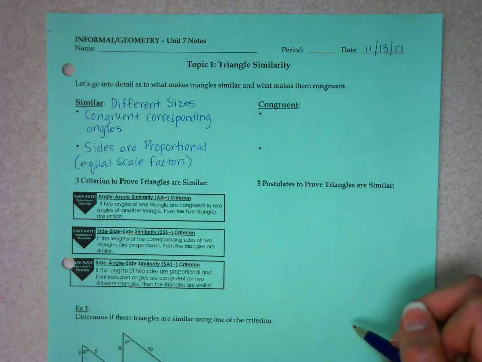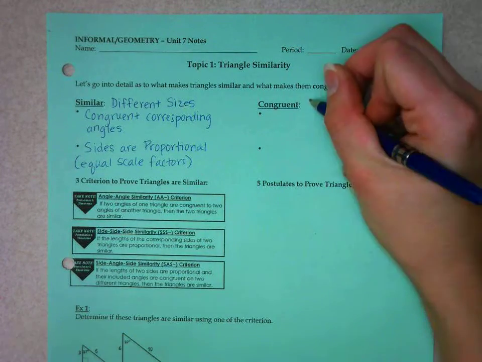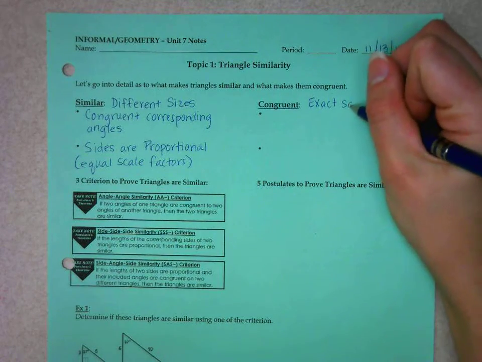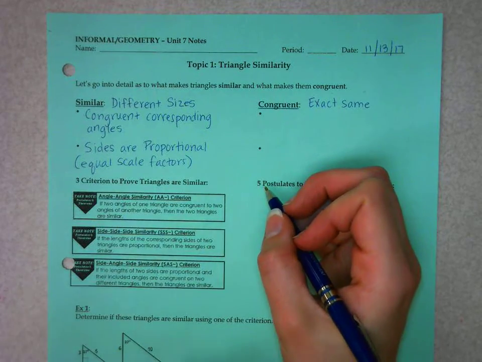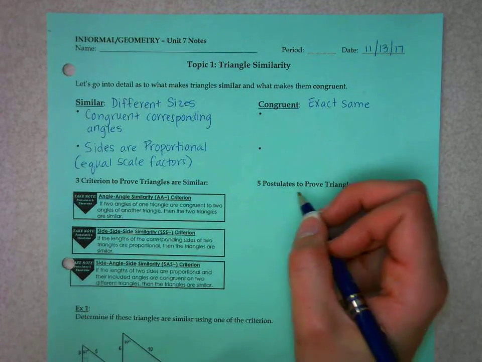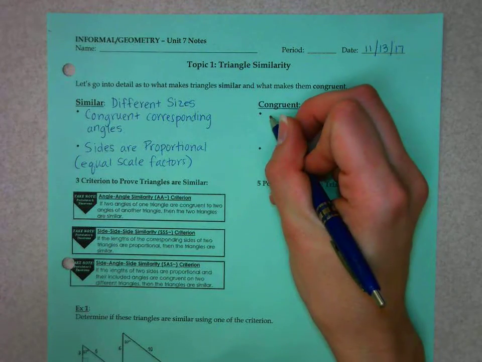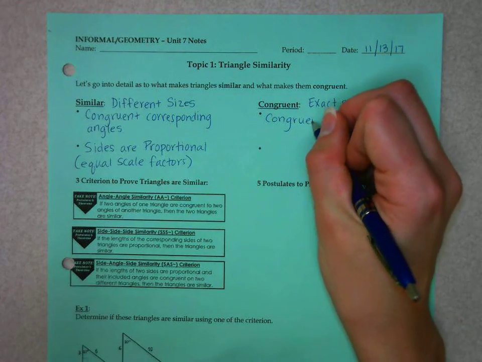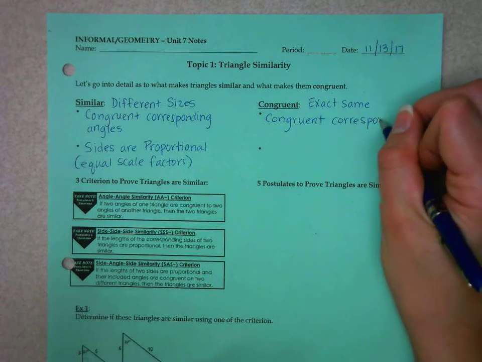Now when you have congruent shapes, that means everything is the exact same. So when you think about their corresponding angles, all of the corresponding angles are going to be congruent. So we're also going to write down that they have congruent corresponding angles.